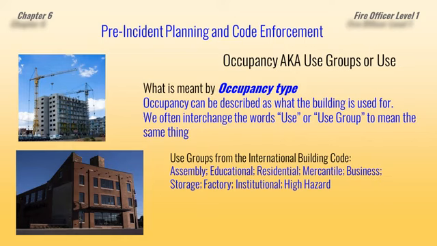So it can all get kind of confusing, but you really need to have a basic idea of building construction, the occupancy type, and fire protection systems as part of your pre-planning for large target hazard buildings.